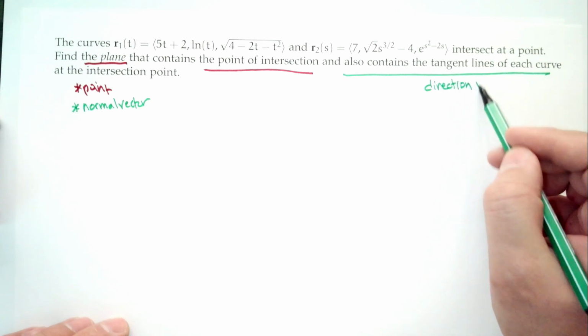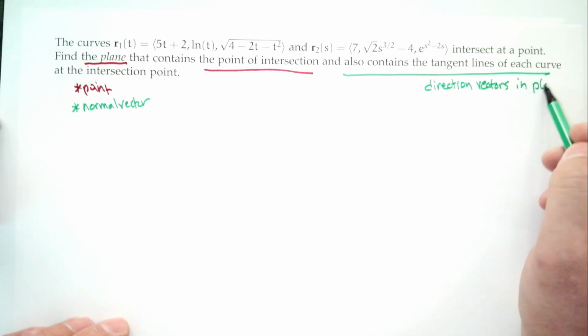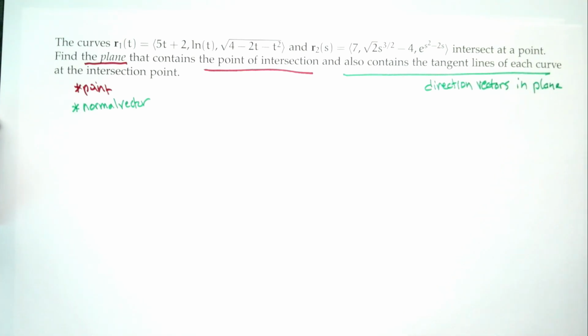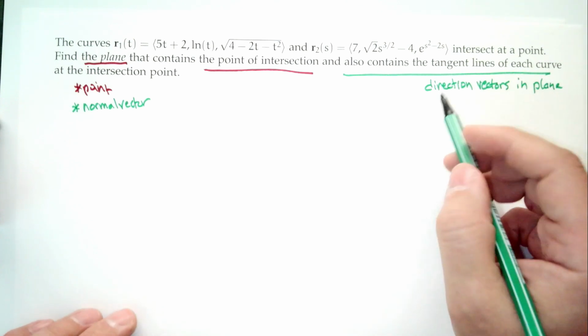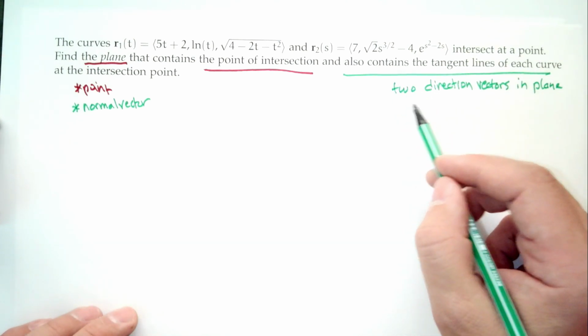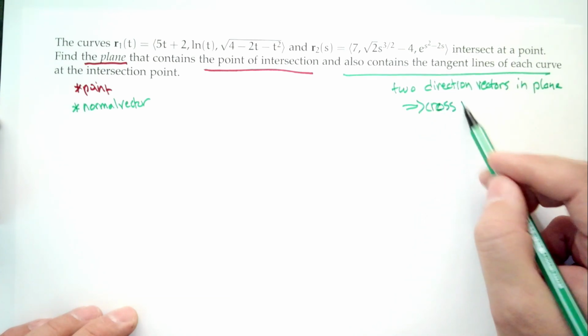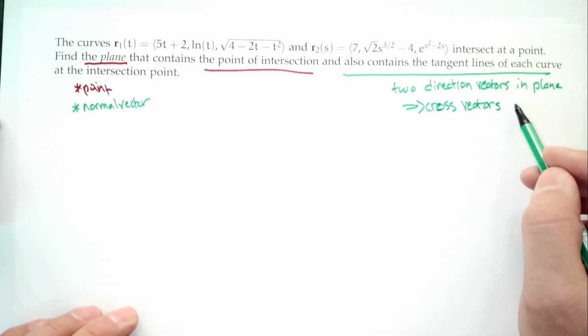Now, the problem is that these vectors in the plane are not the normal vector, because I need the normal vector to be perpendicular to the plane. How do I make something perpendicular? Yeah, cross product. So if you can find two direction vectors in the plane, then if you cross those two vectors, that makes a vector which is normal to the plane.